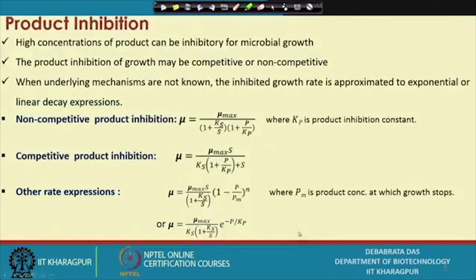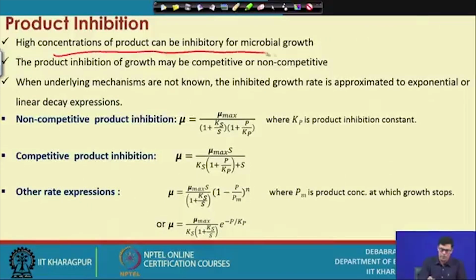Now, product inhibition is similar to substrate inhibition, in that a high concentration of product can have an inhibitory effect on the growth of the cells. We have seen that particularly in the ethanol fermentation process and acetic acid fermentation process, where a high concentration of product has some kind of inhibitory effect.